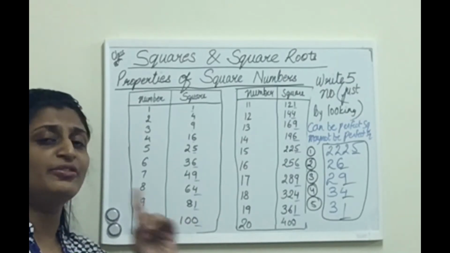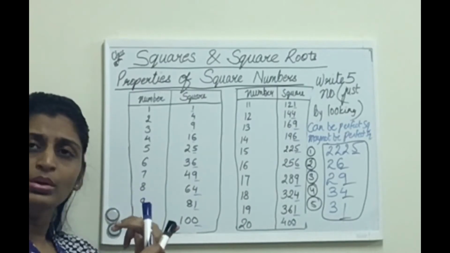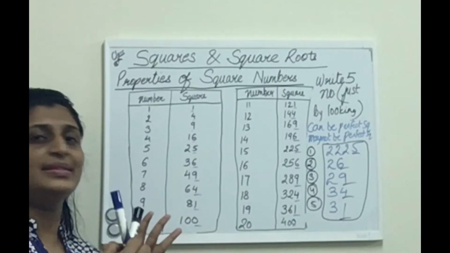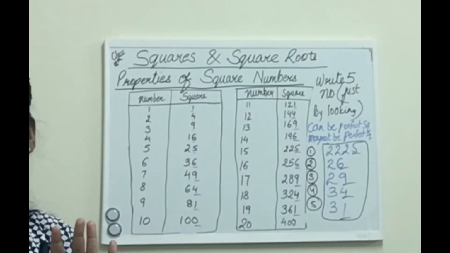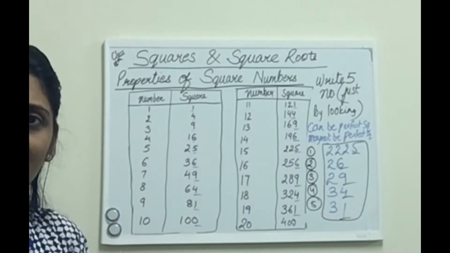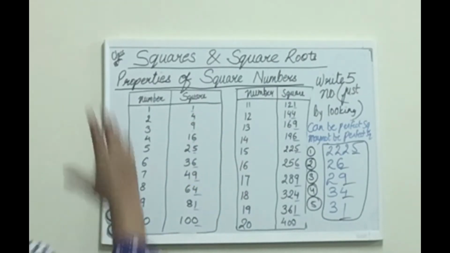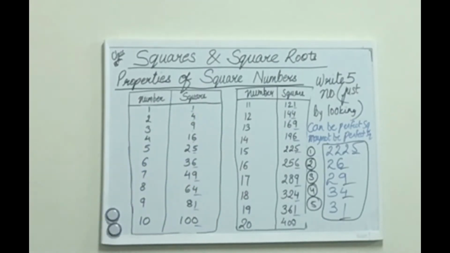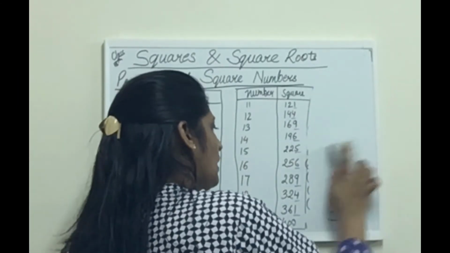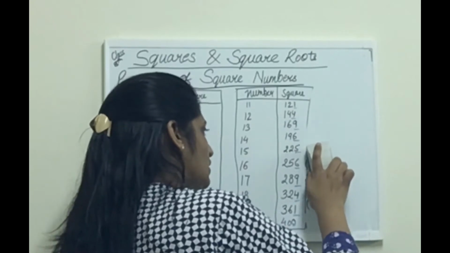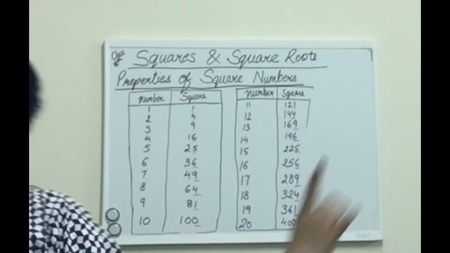We have learned the first property, and the property goes like this: 2, 3, 7 and 8 cannot be at the units place of square numbers. I repeat, four golden numbers which cannot be part of perfect squares at the units place.